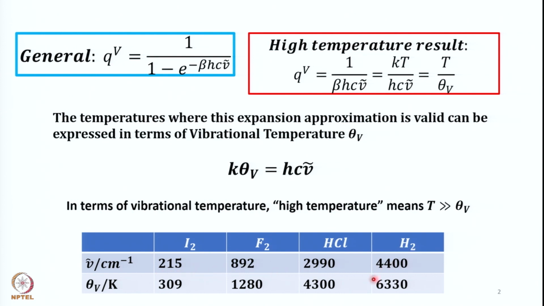And if the wave number is increasing, that means you require more energy for the vibrational modes to be active, and therefore you need more temperature also. So a correlation with the heaviness, the molecular weight or the bond length, can be drawn here with the wave number as well as the characteristic vibrational temperature. I hope the meaning and the significance of this vibrational temperature are clear.